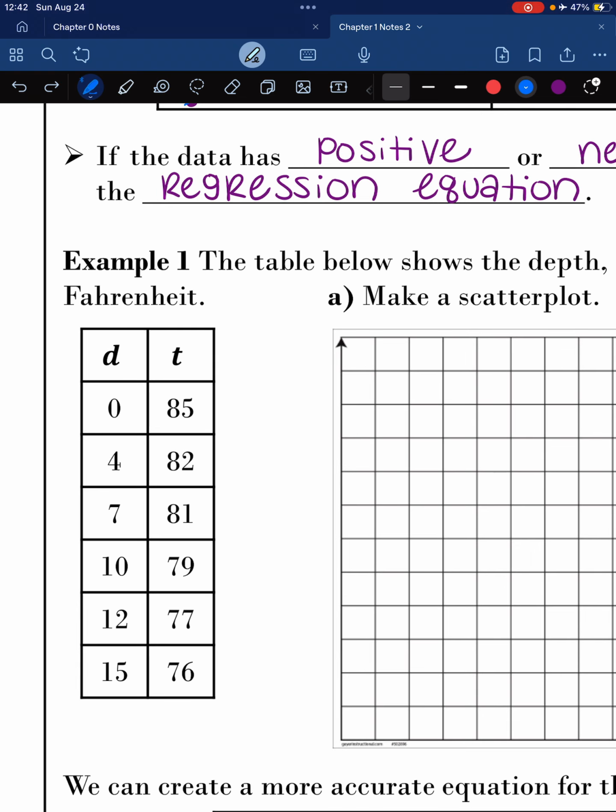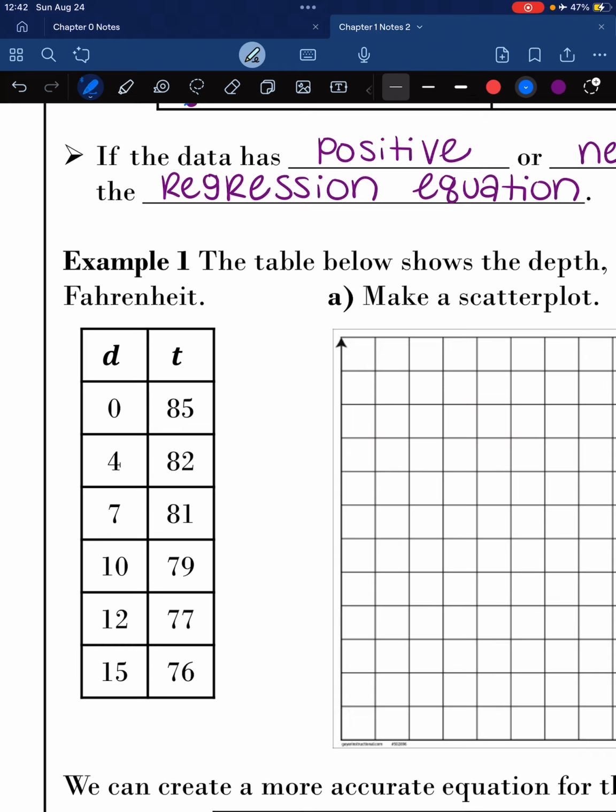So the first thing we need to do is we've collected data about the temperature at different depths in a lake. And we need to identify which of these is my independent variable and which one is dependent on the other one. And so temperature is going to depend on how deep we are taking the measurement in the lake.